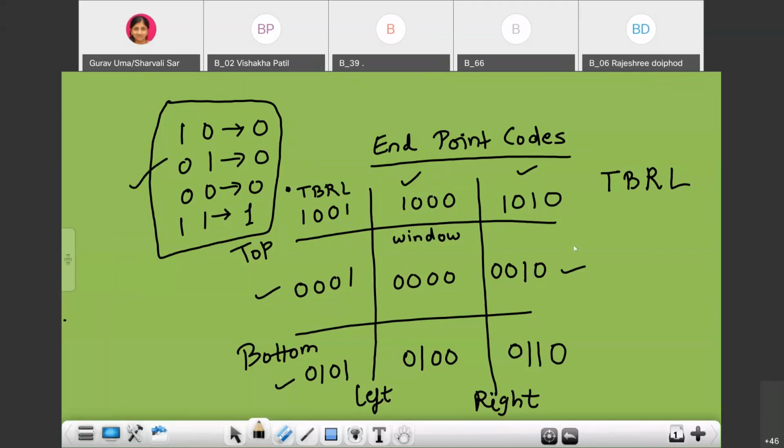Now we will take one example. Suppose this is my line, line I and J. See the code of I and J and tell me whether this line is invisible, visible, or partially visible.